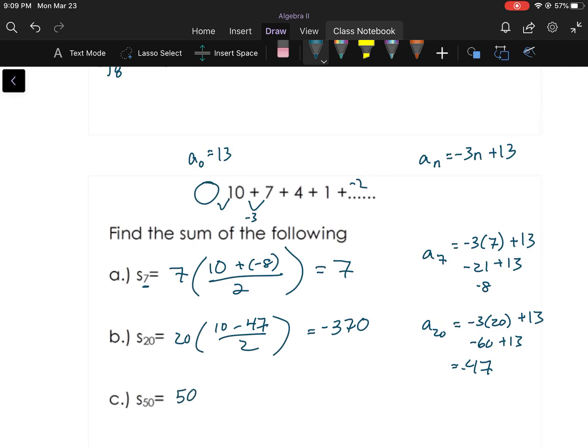So let's go with 50 for n. 10 minus, so again, I need the 50th number. Negative 137, I believe. I'm going to double check that one. Yep.